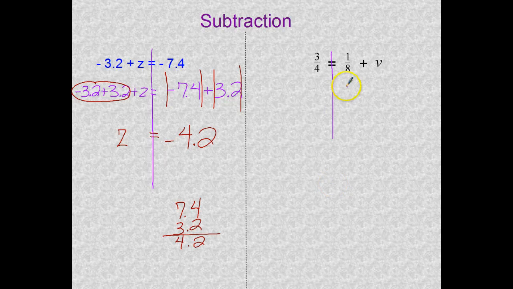So we have 1/8 subtracted by 1/8, and then 3/4 subtracted by 1/8. All right, 3/4 and 1/8, I need common denominators. Come down to the bottom. I like to do it vertically.